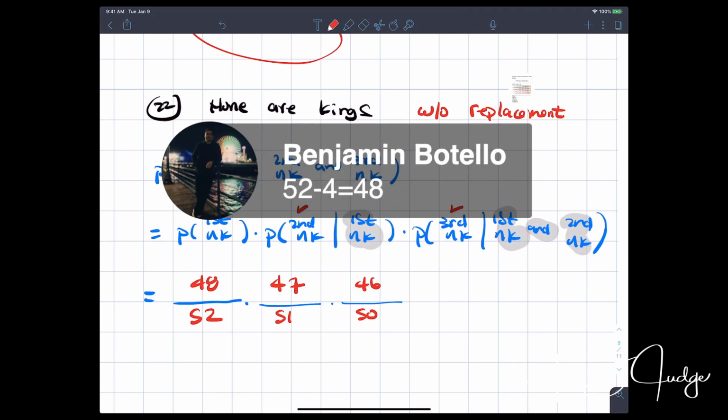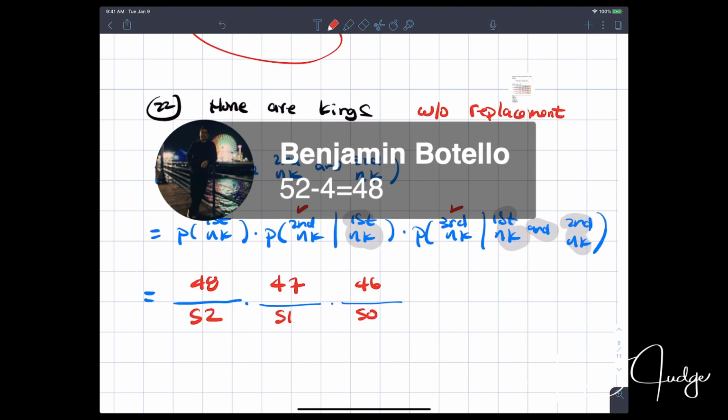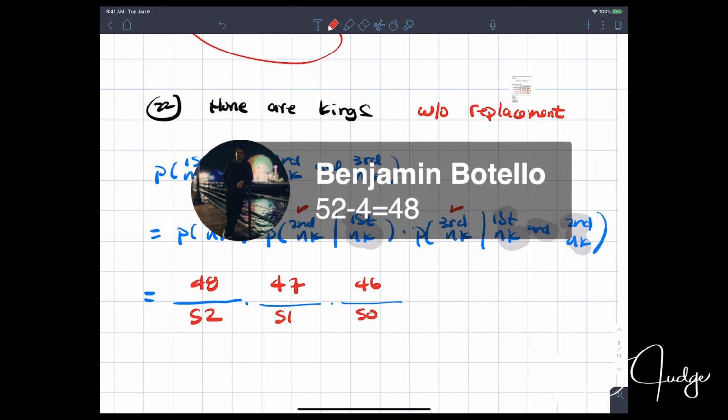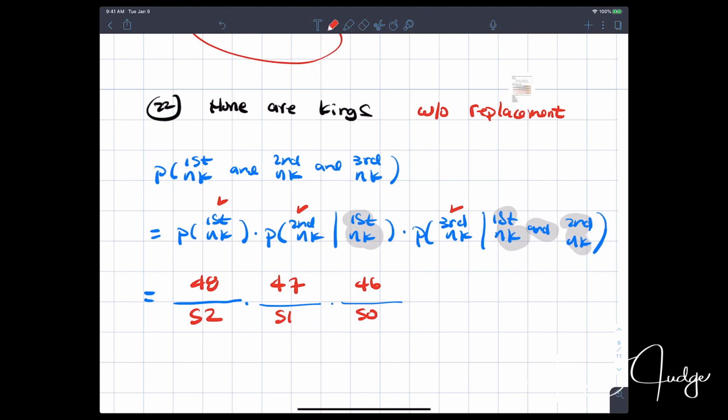That original answer, 52 minus 4, that's the complement for the first probability. Benjamin is also correct. So good job for you guys. Okay, now you guys know, doesn't the pattern continue? It's a countdown: 48, 47, 46, over 52, 51, 50. That countdown continues. So we go to the calculator, the TI, and try to find the answer here.